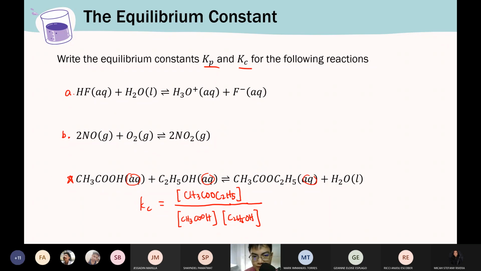Sa letter B, dalawa yung sagot nyo. You have Kp and Kc. Sa letter A, may sagot na si Louie.